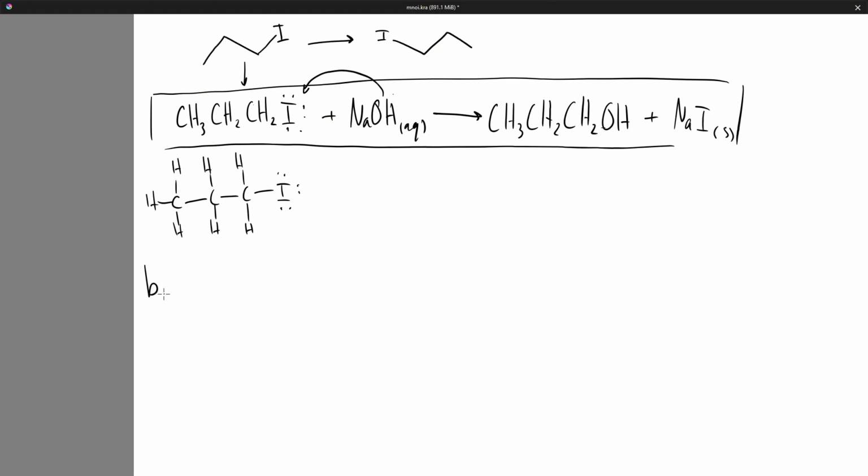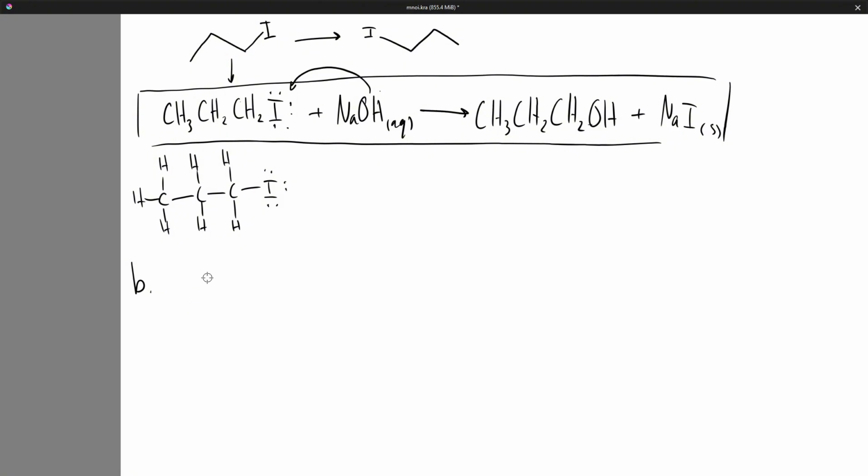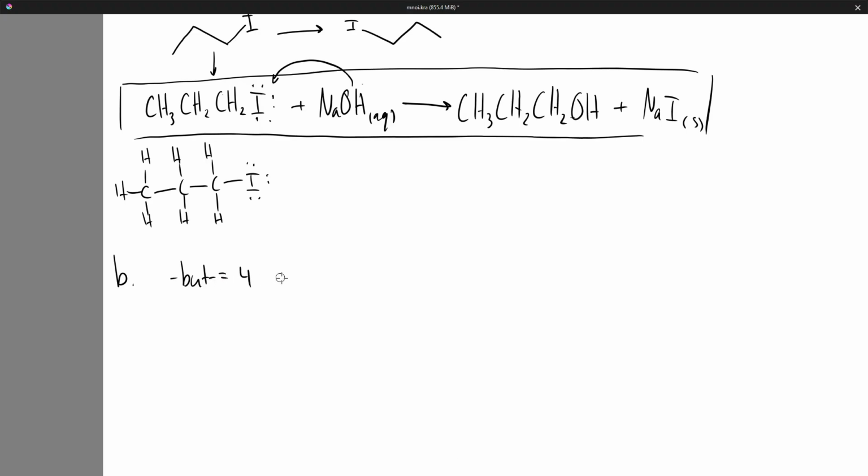So B now. 1-butyne reacts with hydrogen gas to form 1-butene. Platinum is a catalyst. Okay, so but means 4. The -yne suffix means it's a triple bond somewhere.